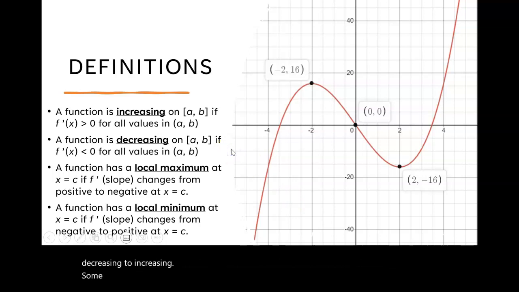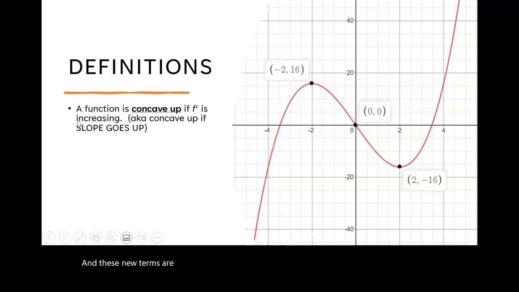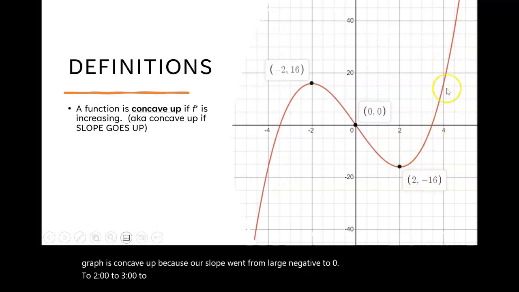Some new terms for you. And these new terms are concave up. We say if f prime is increasing, so this right side of the graph is concave up because our slope went from large negative to 0 to 2 to 3 to bigger slopes here on the right.